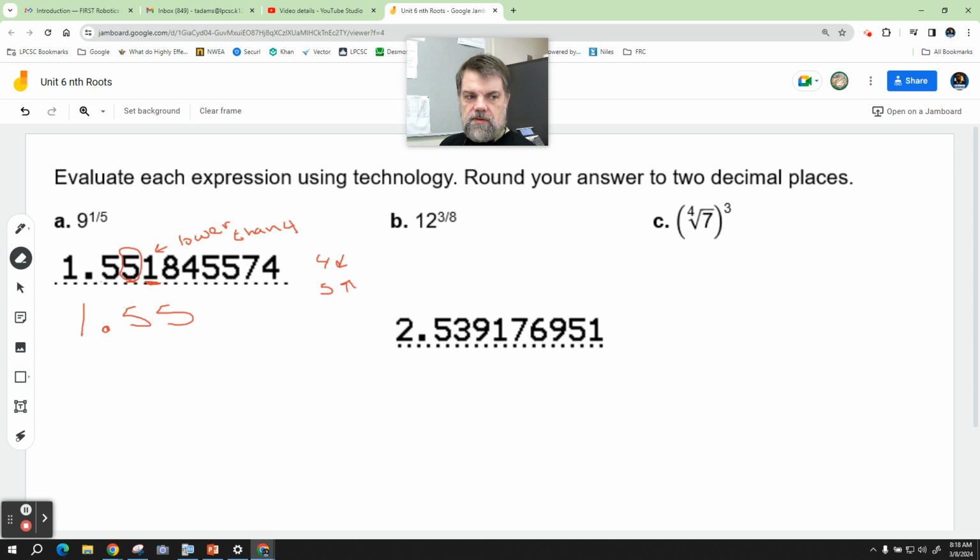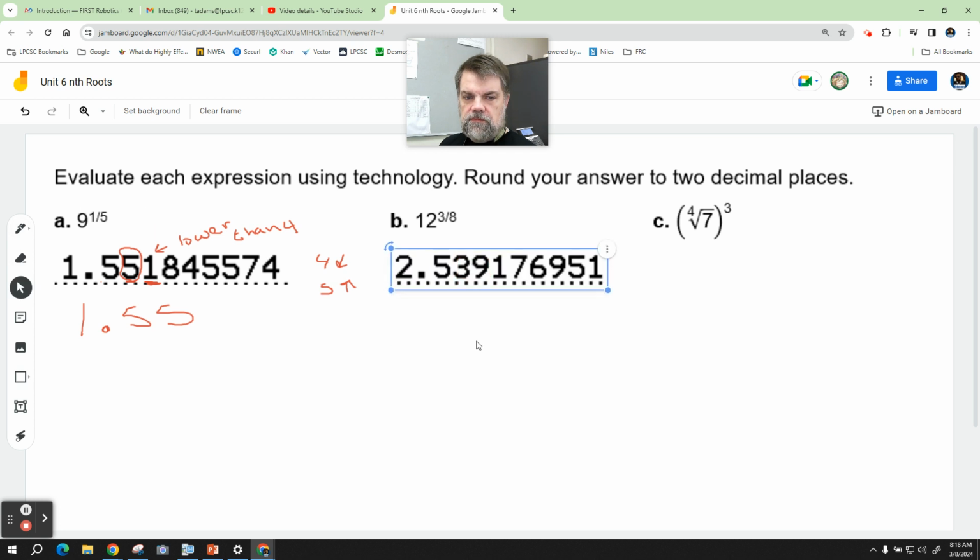Again, we're rounding to the second decimal place, so that's either going to be a 3 or a 4. It depends on this number. This number is 9, which is 5 or higher. So I'm going to round up, so this becomes 2.54. Do you guys remember that? The rounding?